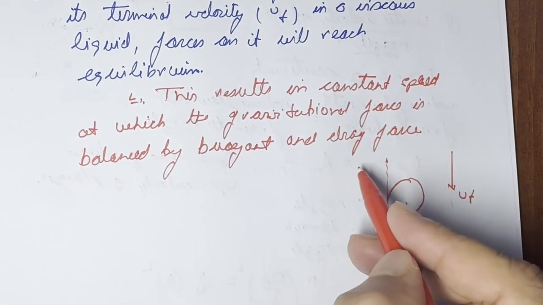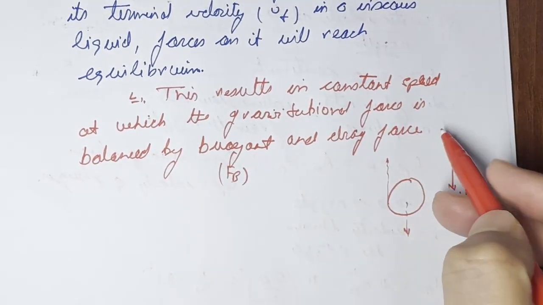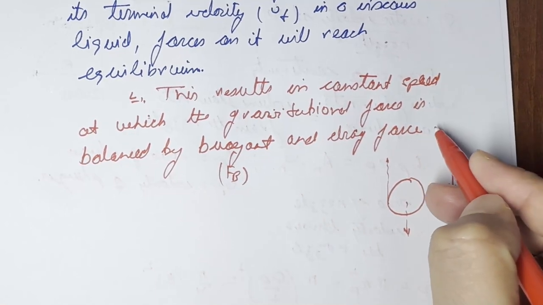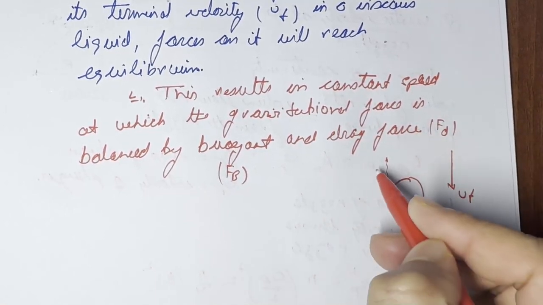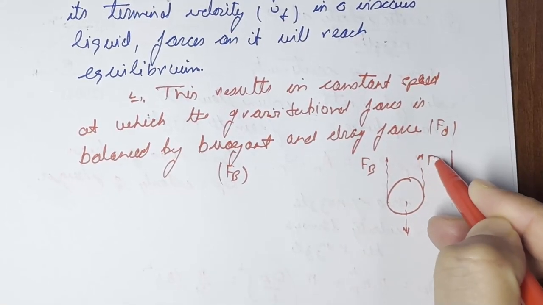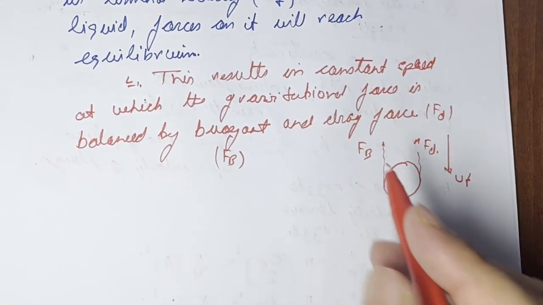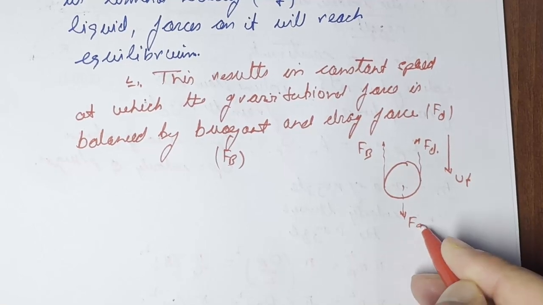One will be the buoyant force, let us call that Fb, and another one will be the drag force, let us call this Fd. So upward we have Fb and Fd, and in the downward direction we have the gravitational force, let us call that Fg.